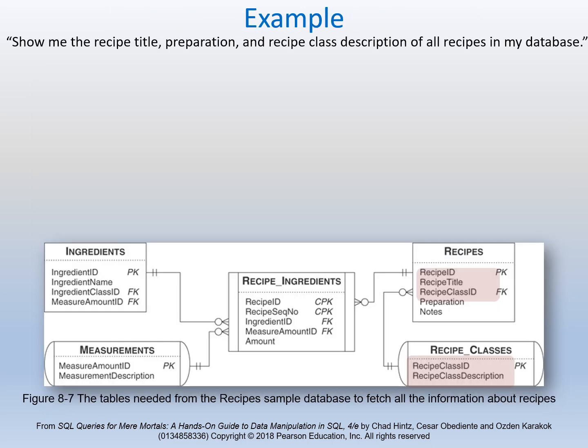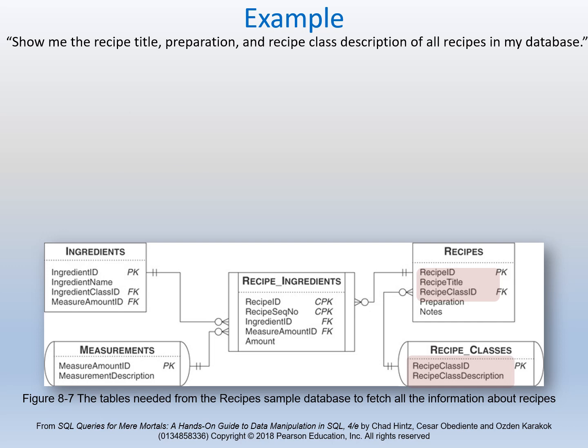I will now show you a select statement with an embedded select statement in the from clause as an answer to the same query from your manager. Show me the recipe title, preparation, and recipe class description of all recipes in my database.